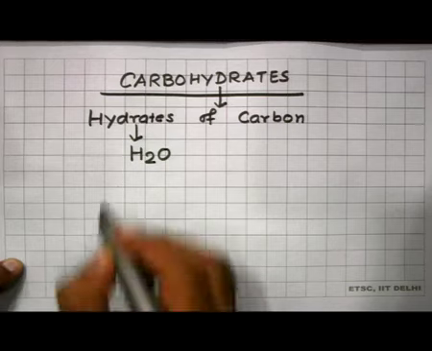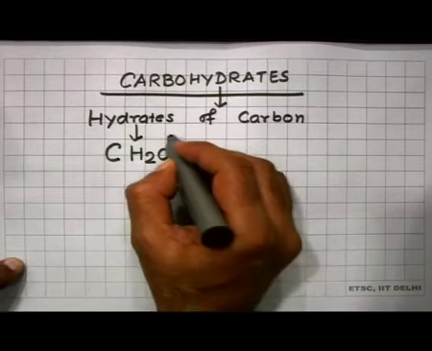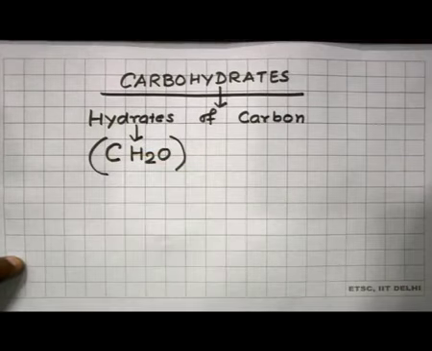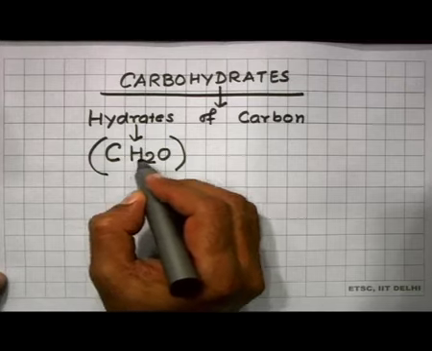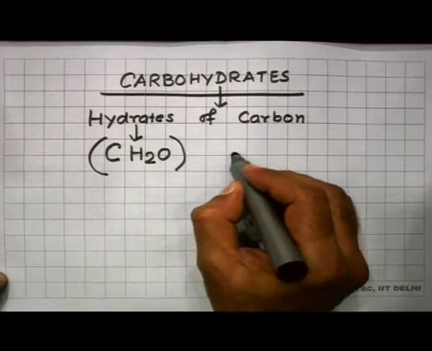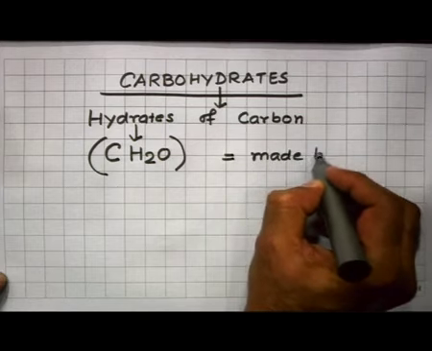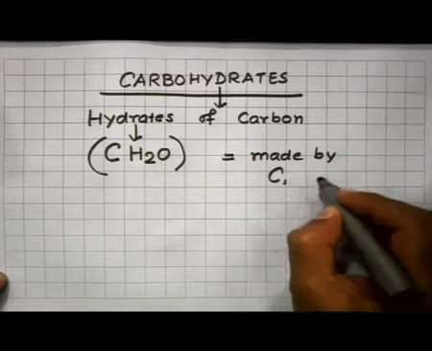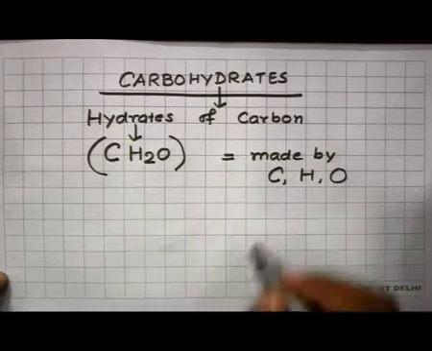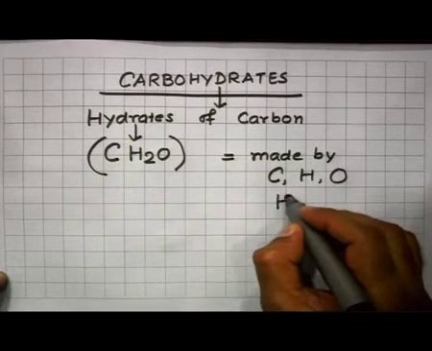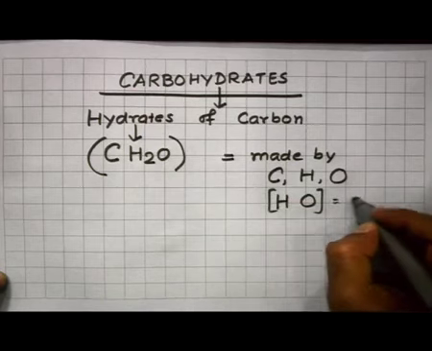When water combines with carbon, it makes carbohydrate. So, simply we can say carbohydrates are biomolecules made of carbon, hydrogen and oxygen, in which the hydrogen and oxygen ratio is always 2:1.